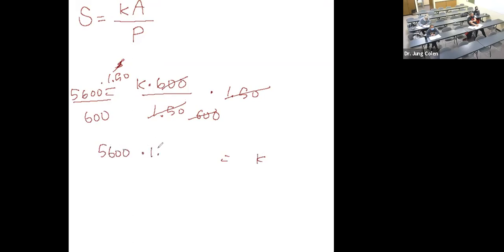So if we multiply 1.50 on both sides, this will be gone, and we have K times 600, so we can divide both sides by 600, then we can find what K is. K can be written as 5,600 times $1.50 over 600, right?